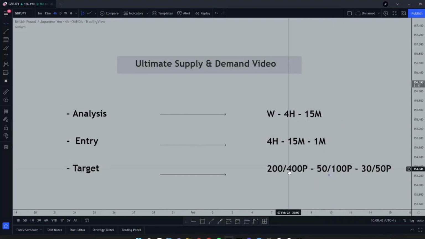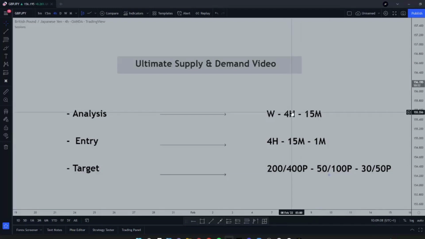In terms of targets, they depend on each time frame. If we're looking at weekly zones, usually on average, and this is all on the lower side, guys, I'm not trying to force anything here, there are weekly zones that obviously do a lot more than 200 to 400 pips, sometimes a lot more, but this could be a nice target for beginners.